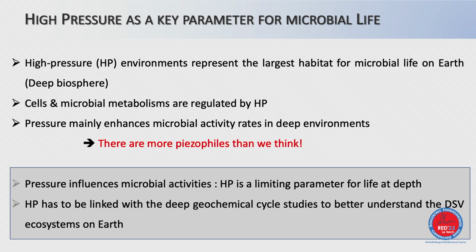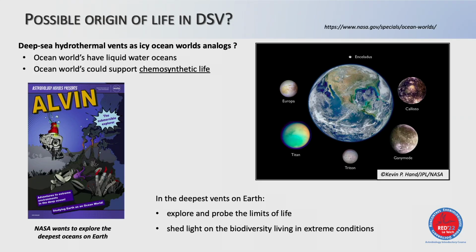So the pressure influences the microbial activities, and this parameter has to be linked with the deep geochemical cycle to better understand the deep sea vent ecosystems on Earth. But not only on Earth: if you want to understand, for example, the origins of life or a possible origin of life in icy ocean worlds analogs, extremophiles are the main microbes you can be interested in.